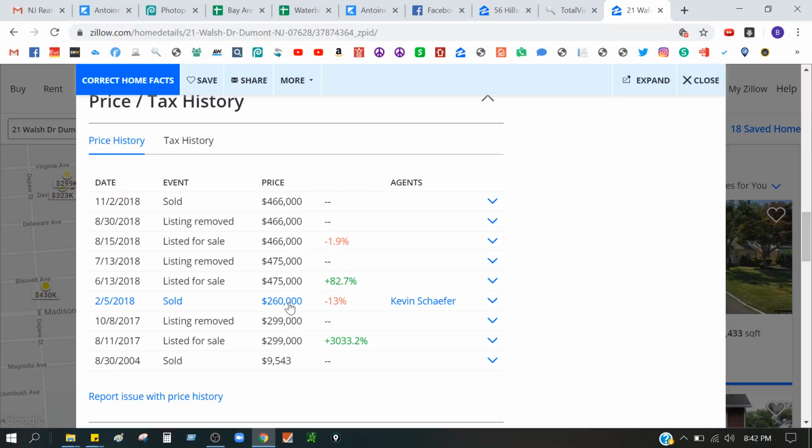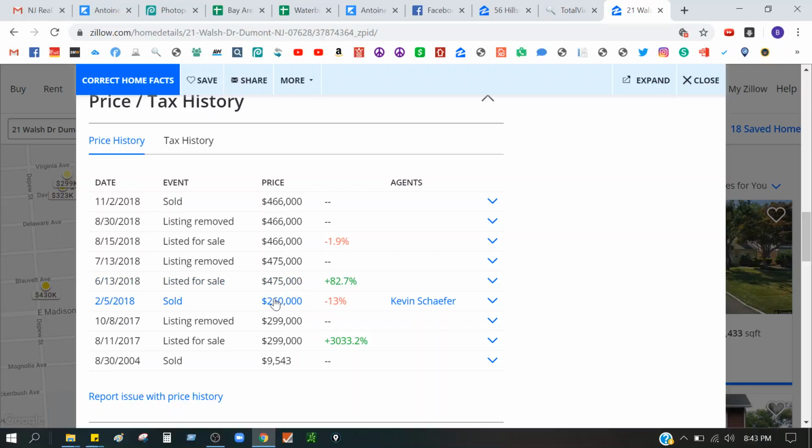I actually sold it to him for $275. He actually paid, obviously the 15 grand was my assignment fee. So I put the deal under contract for $260 and assigned it over to him for $275.